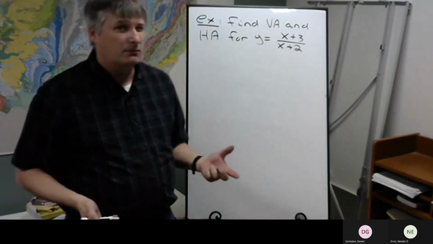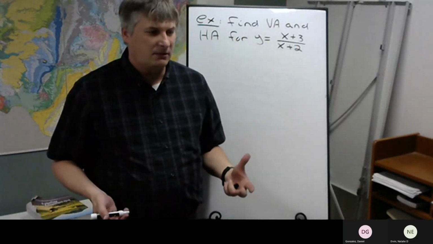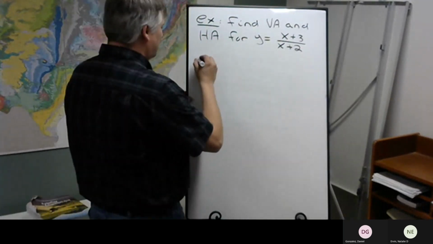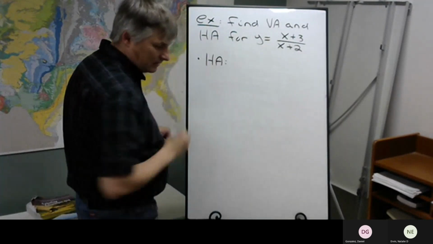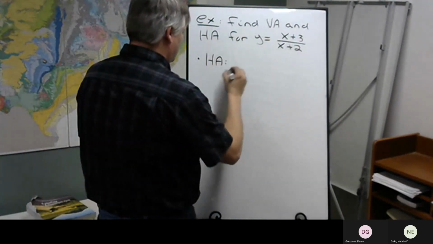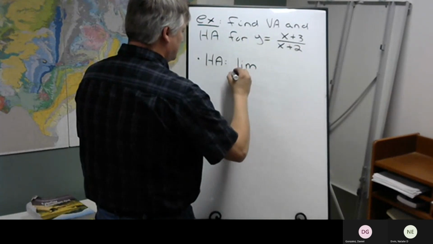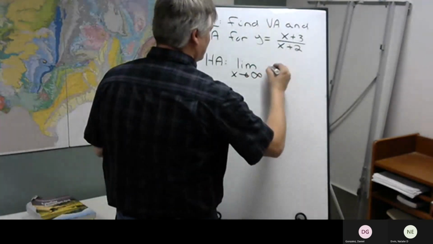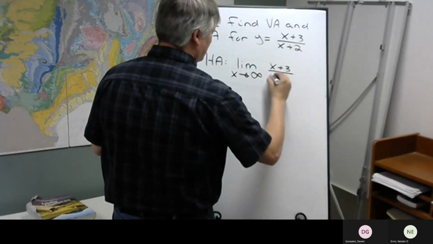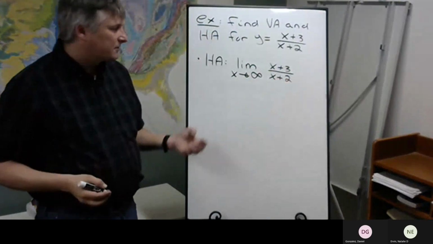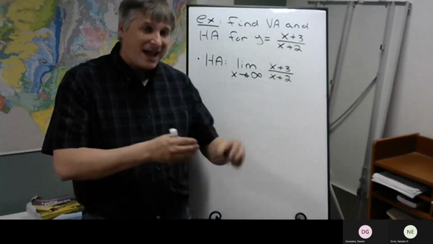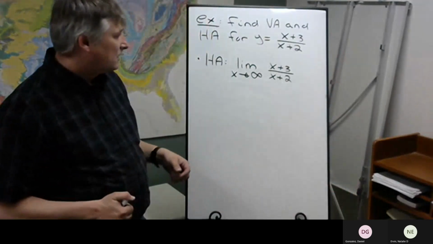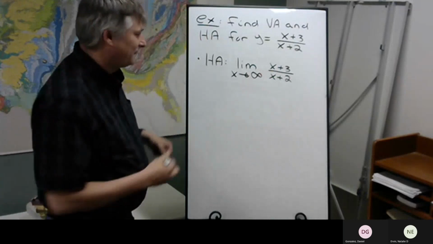Now let's go with horizontal asymptote first, because we've worked with the limits as x goes to positive infinity or negative infinity already. So for the horizontal asymptote, the way we do this, we take the limit, and let's go as x reaches out to positive infinity. So what we're looking for is, how does this function behave as x gets bigger and bigger and it heads down the positive side of the x-axis? So we can divide everything by x.